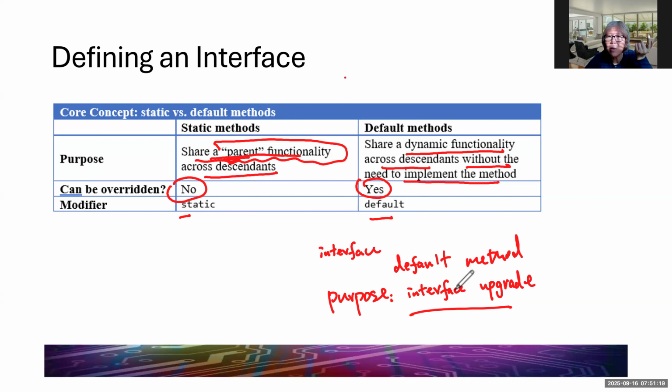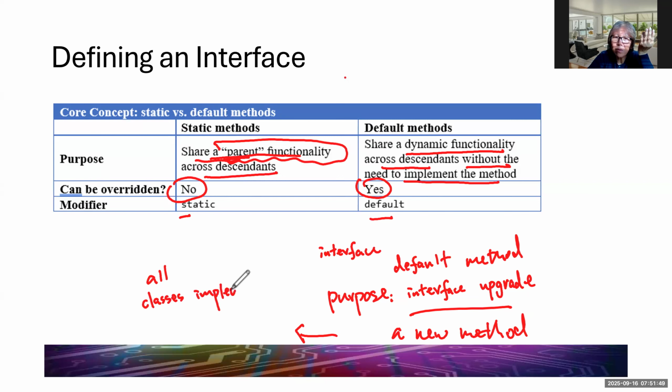Later on, you may find it needs some more functionality that also belongs to this umbrella type, so you add a new method. But just think about it: if you add a new method, then all classes that implement this interface also need to be upgraded.